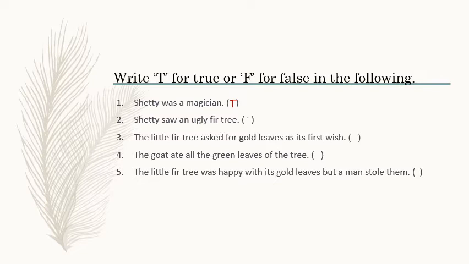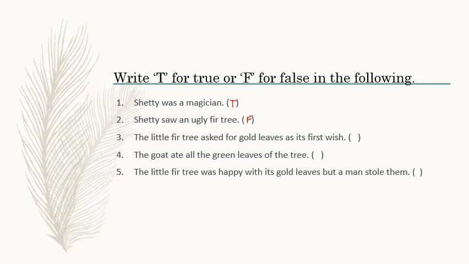Well, it is not at all true. Instead of that, what did Shetty see? He saw a pretty fir tree, which is just opposite. Ugly is just the opposite of pretty. So, Shetty saw a pretty little fir tree, not an ugly fir tree.